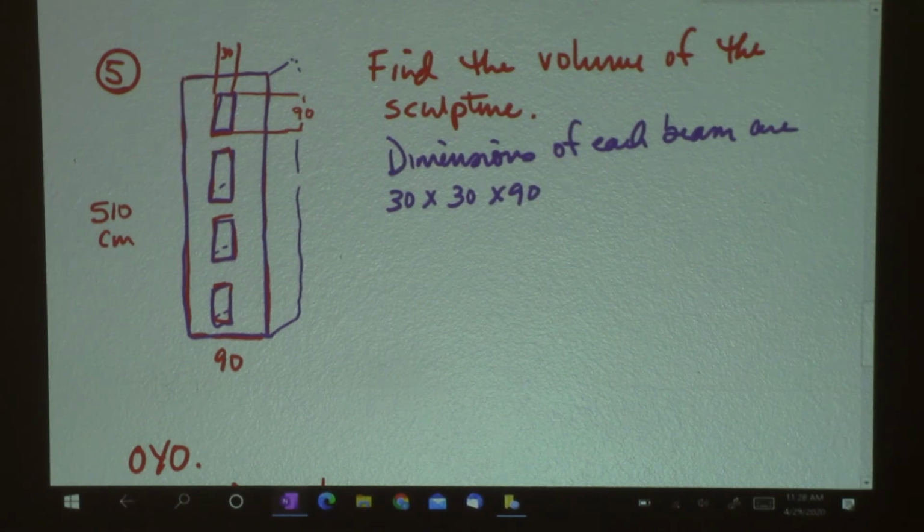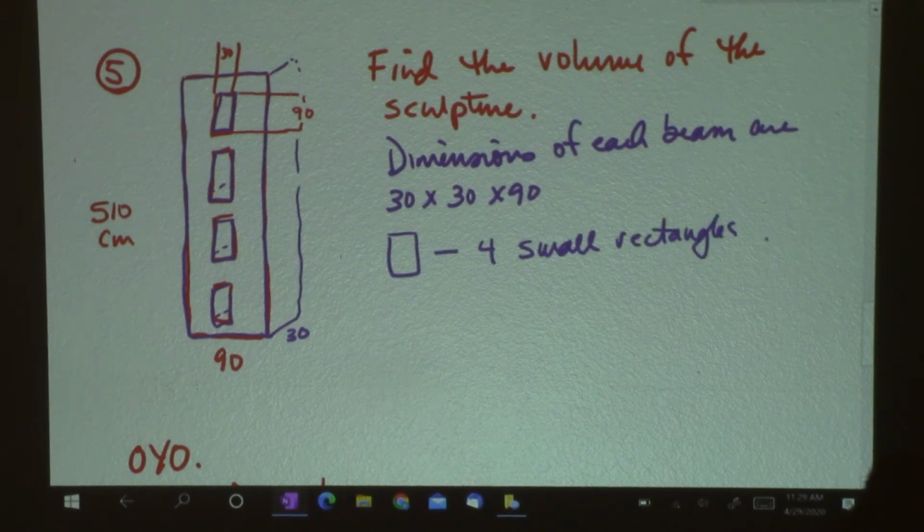So that means that I've got this down here is 30, going back that way. So first we're going to find the area of just the front. So we're going to take the whole thing, and we're going to subtract the 4 small rectangles of the base. And then we're going to multiply by the height afterwards, okay?